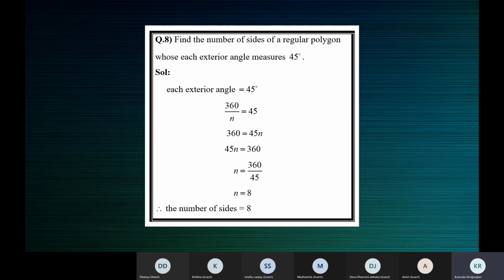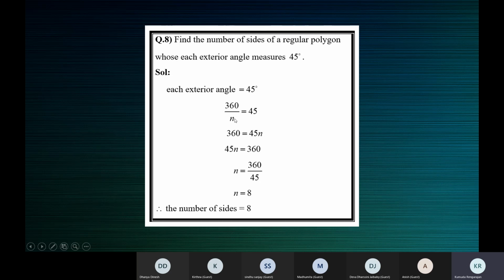Exterior angle is equal to 45 degrees. See, just write what is given. Exterior angle is equal to 45 degrees. How do we find the exterior angle? 360 by n. Why are we using this? Why are we not writing 180 minus interior angle?